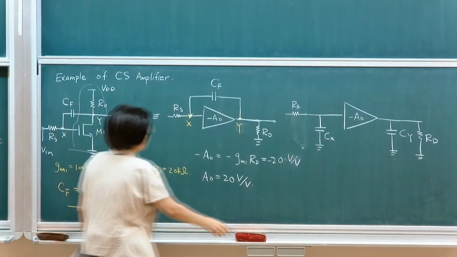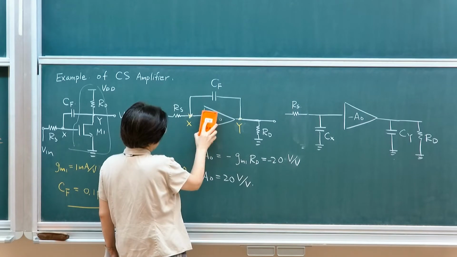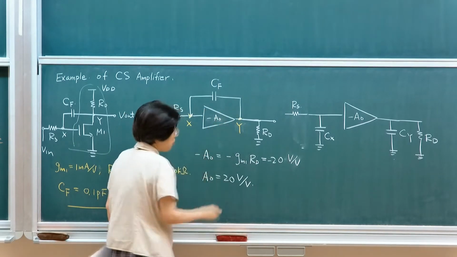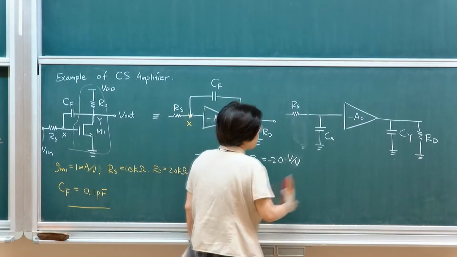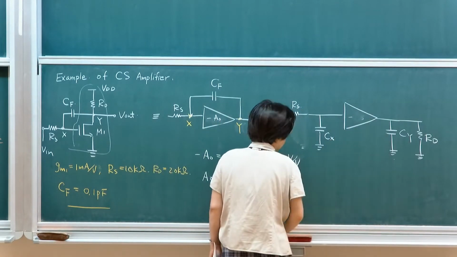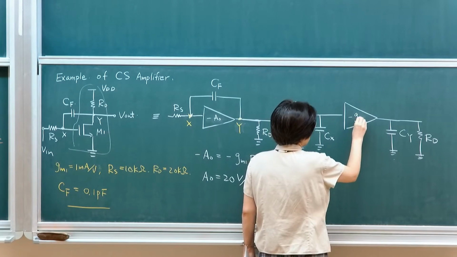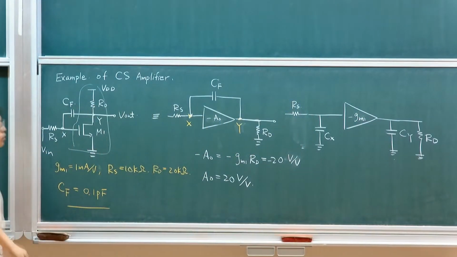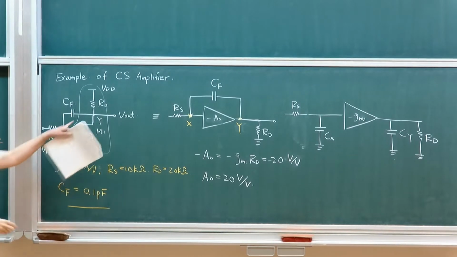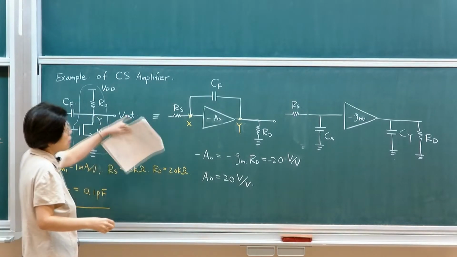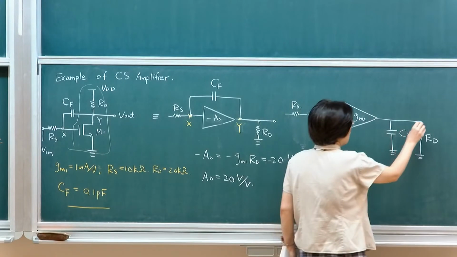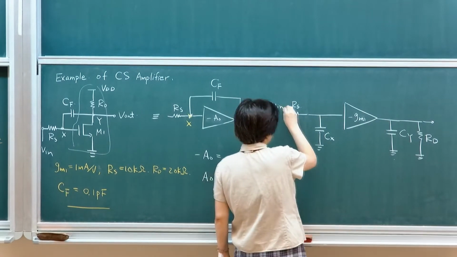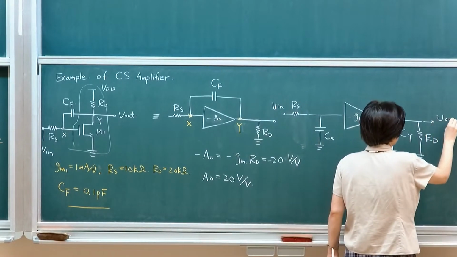This is more like a GM stage, minus GM1, because you're driving the loading, these two loading capacitances in parallel. So that will be my equivalent circuit. This will be Vin. This will be VL.